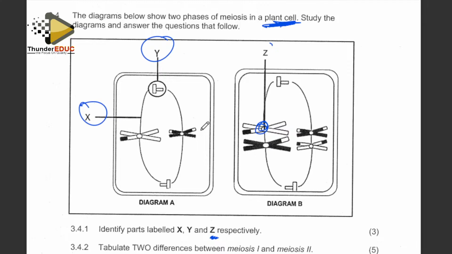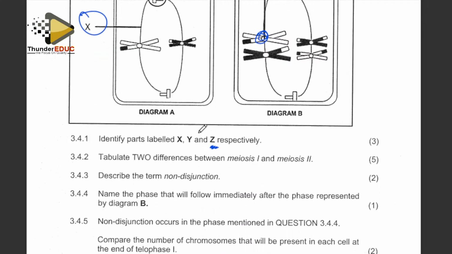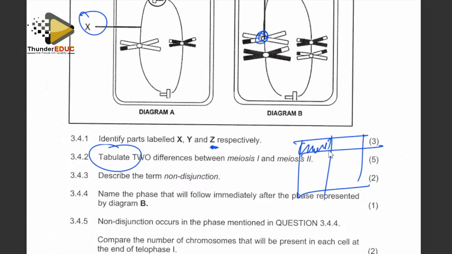Tabulate two differences between meiosis 1 and meiosis 2. Draw a table. The table must be complete. Put meiosis 1 here, put meiosis 2 here. You get a mark. Prophase 1 in meiosis 1 has crossing over; the other side has no crossing over. In metaphase 1 there is a random arrangement of chromosomes, or chromosomes arrange themselves in pairs, while on the other side chromosomes arrange themselves singly.